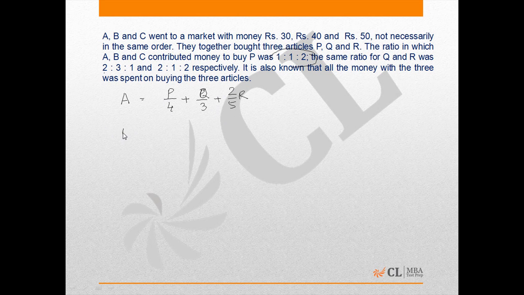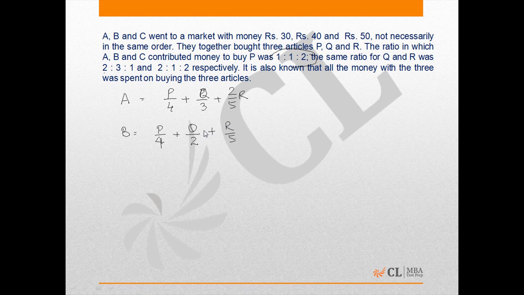Now let's talk about B's share. B has spent again 1 by 4, so P by 4 on the first article. For the second article, B has spent Q by 2, that's the half of the article. And for the third article, he has spent R by 5.